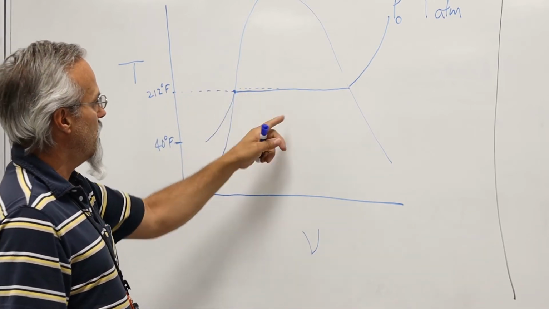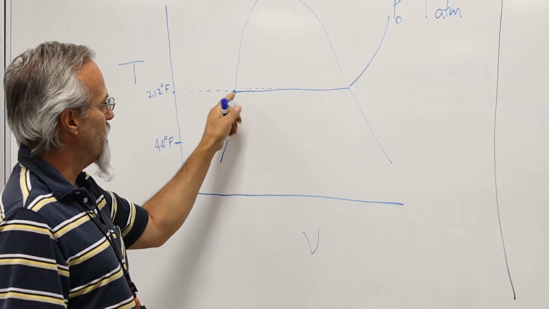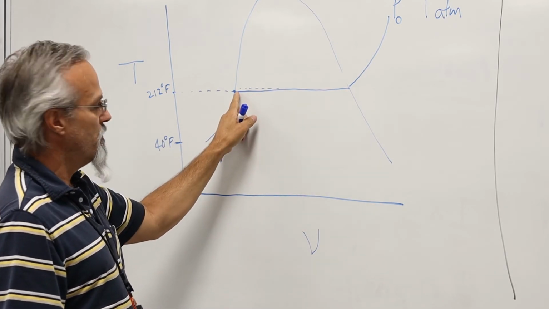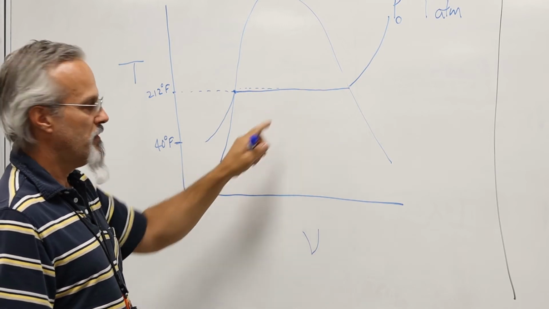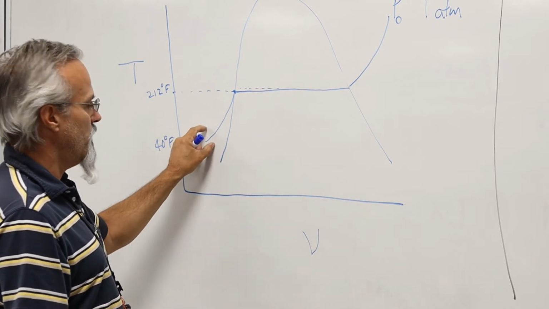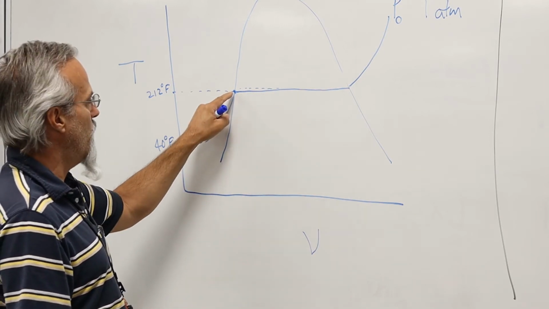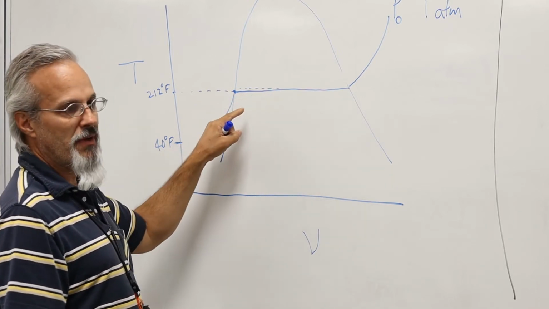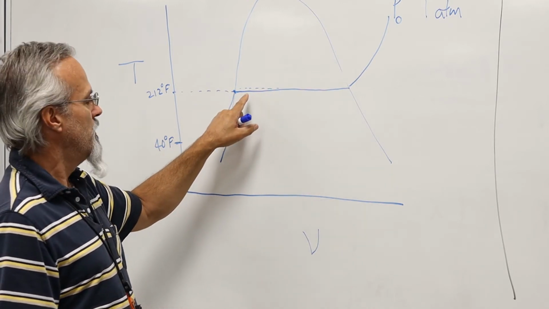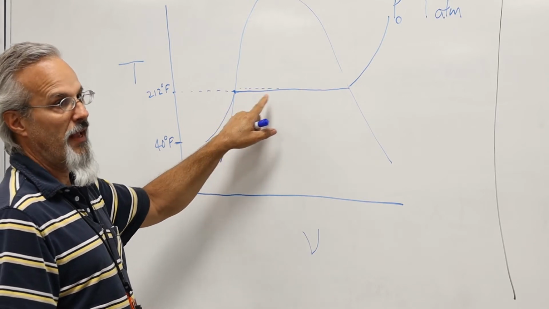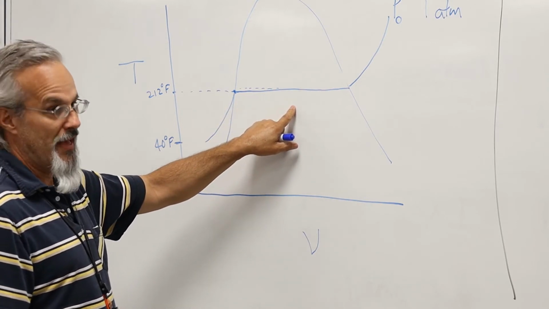When you're underneath this part of the diagram, you're looking at a mixture of liquid and vapor. Outside the dome here, this would be all liquid water, because I haven't reached the boiling point. Underneath here, I have a combination of liquid at 212 and vapor or steam at 212 degrees.